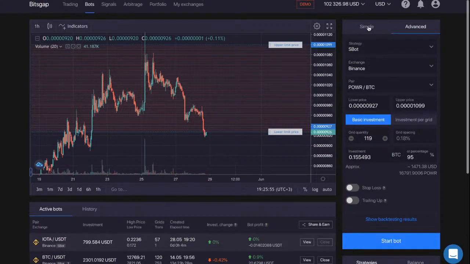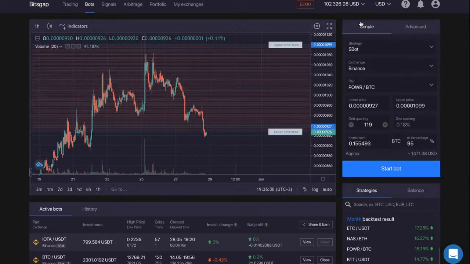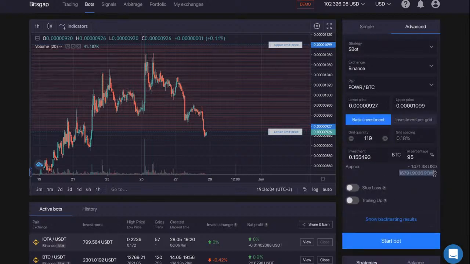There are actually two options for you, the advanced and the simple one. The difference is that in the advanced section you can see this investment distribution, and you also have the stop loss function and the trading up function, which I will explain to you a little bit later.